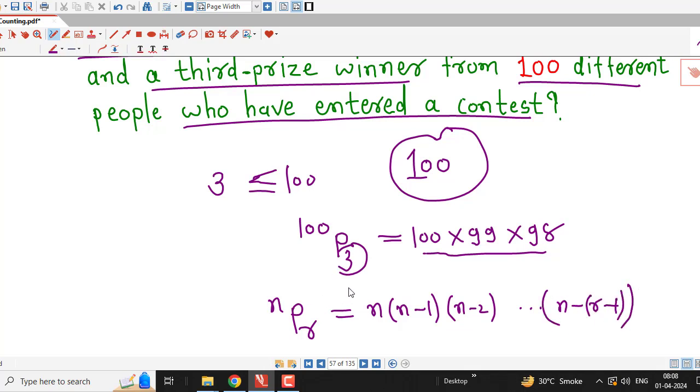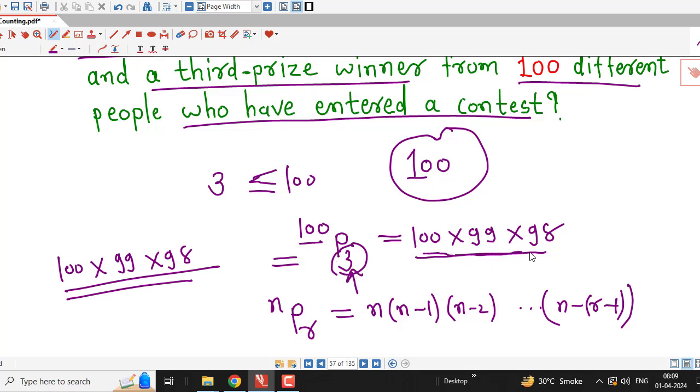So if we use this formula, then we have r equal to 3, n equal to 100. First we write 100 into 100 minus 1, that is 99, into 100 minus 2, that is 98. We can remember it this way: if I have 3 here, I must have 3 terms in the product, subtracting 1 from each previous number.